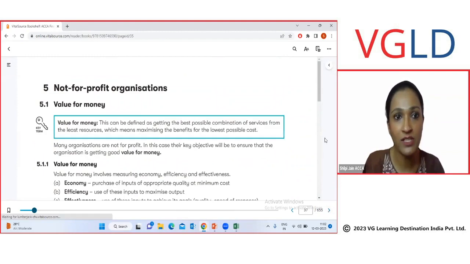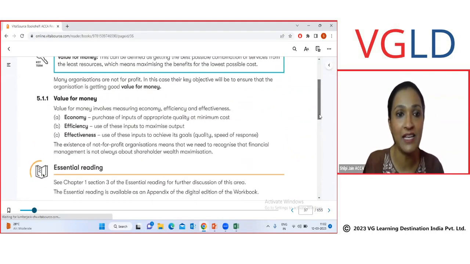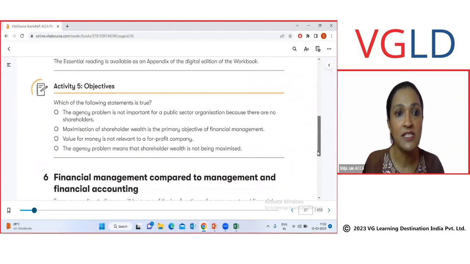So that was good question practice, and not-for-profit organizations we had also touched upon. So we can very quickly go ahead and do activity 5 as well. Quickly do your activity 5 and submit your answers.